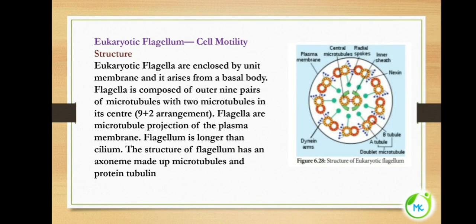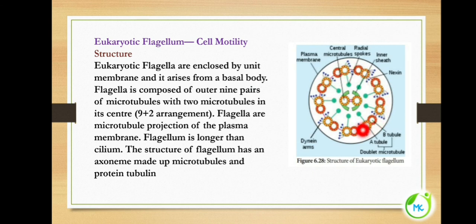Eukaryotic flagellum, cell motility. Now let's see the structure of the eukaryotic flagella. The eukaryotic flagellum is enclosed by a unit membrane, and it also arises from the basal body, similar to the prokaryotic flagella. It is composed of outer 9 pairs of microtubules. Here you can see the structure referred to as microtubules.